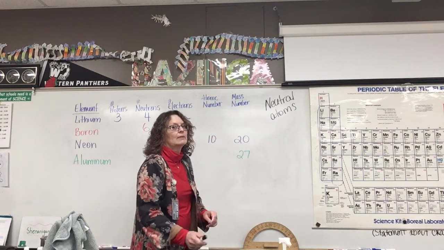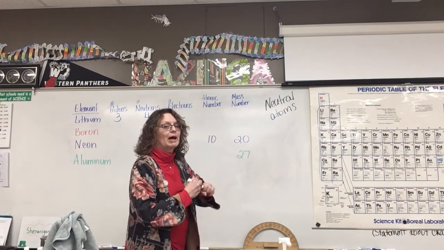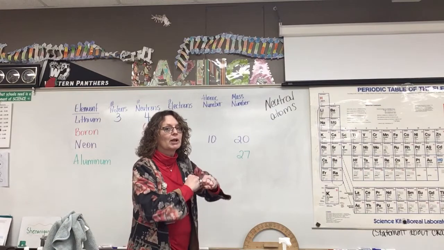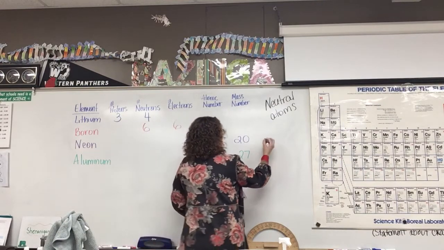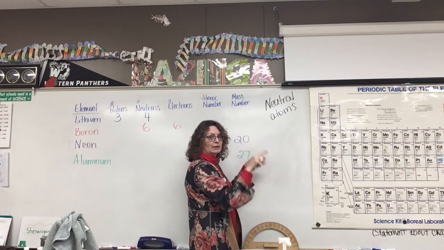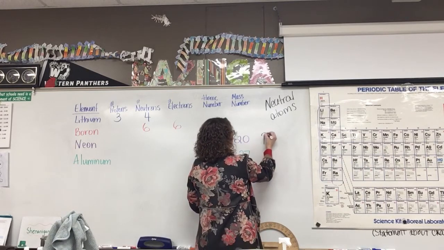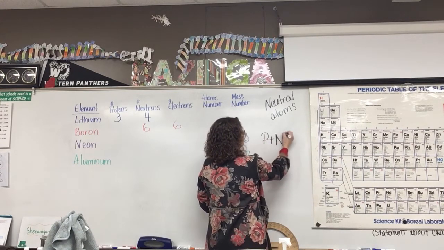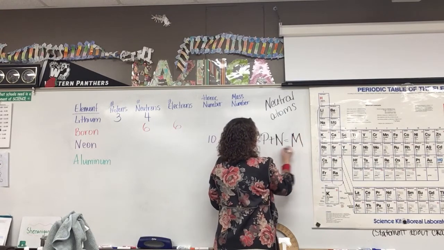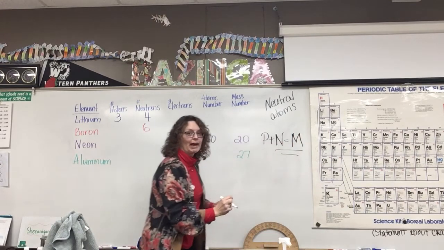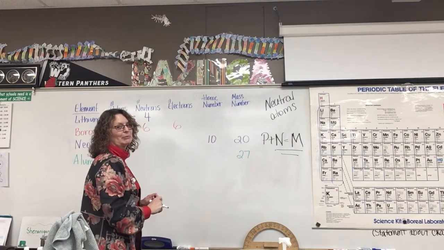Well, we talked yesterday about how mass equals protons plus neutrons. That's also on the key, the information at the top of your worksheet. Protons plus neutrons equal mass. Don't you forget that, because that'll make this table so easy.